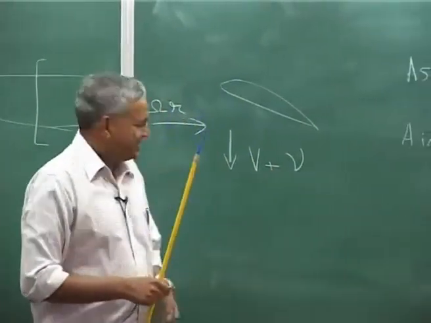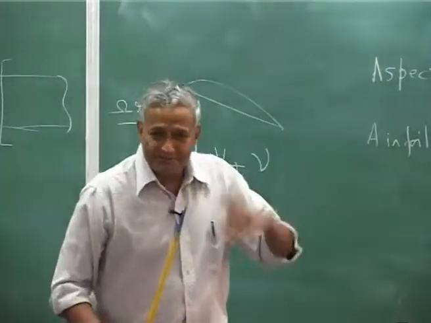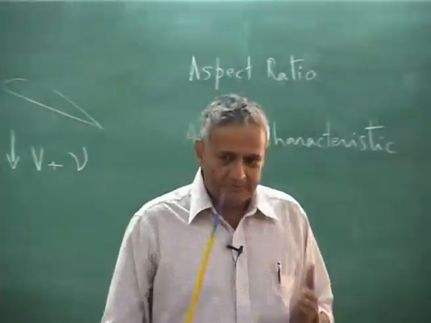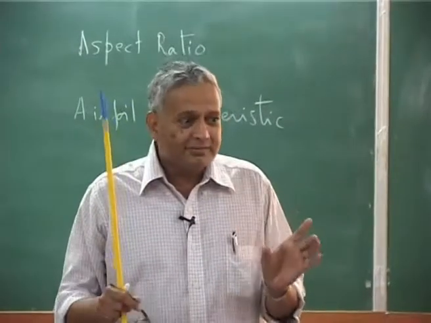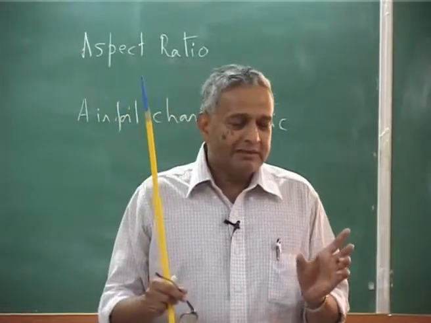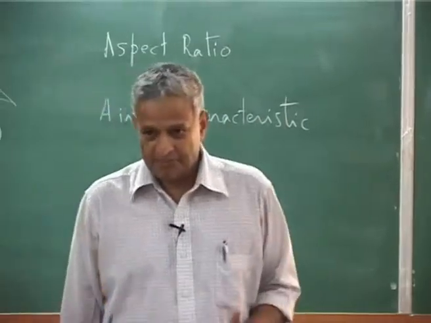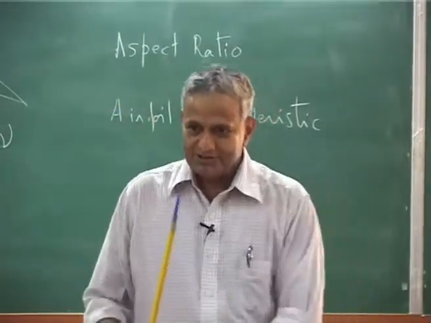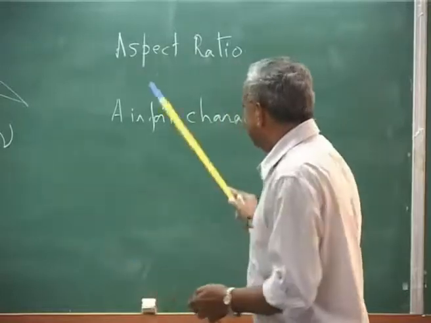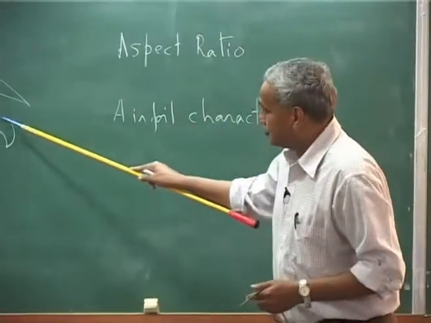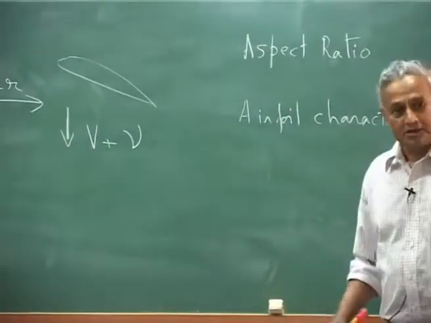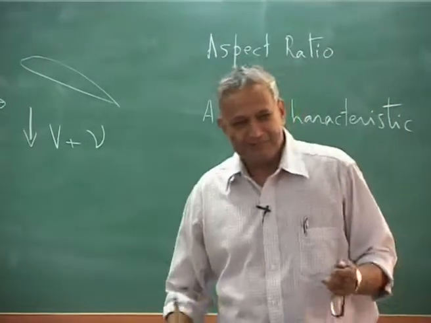They said we will take the induced flow from momentum theory or something like that, and they also started using the aspect ratio effect. So, the aspect ratio effect was also brought in, and you took the inflow also, but again there was a mismatch.